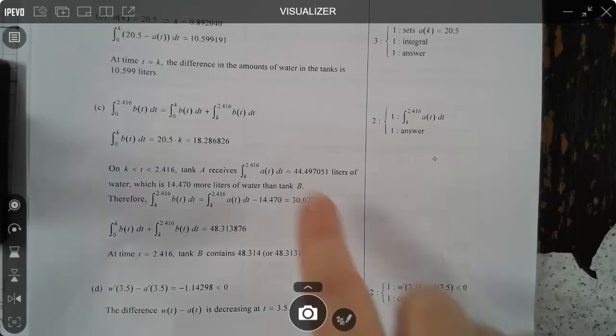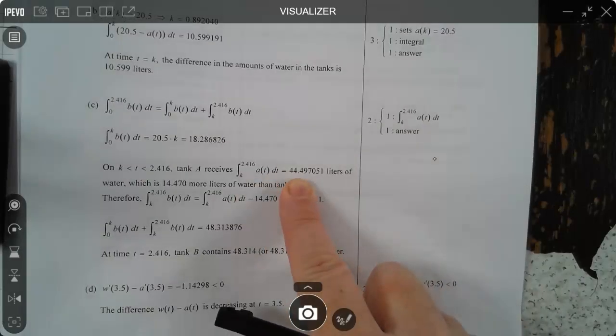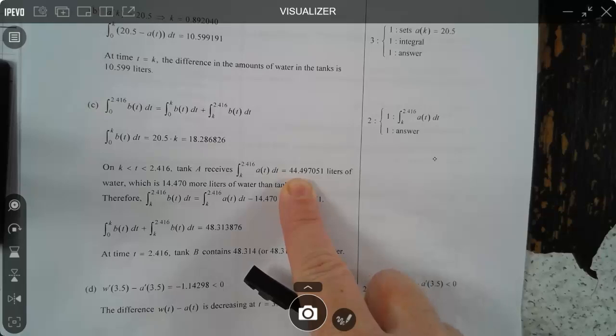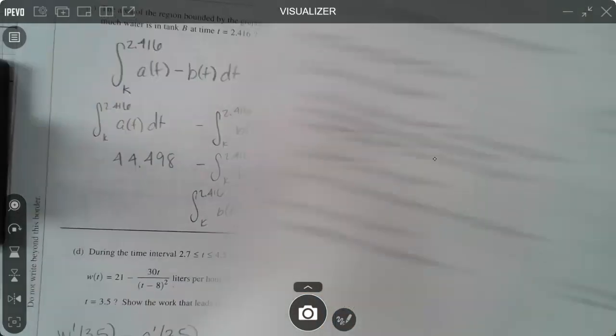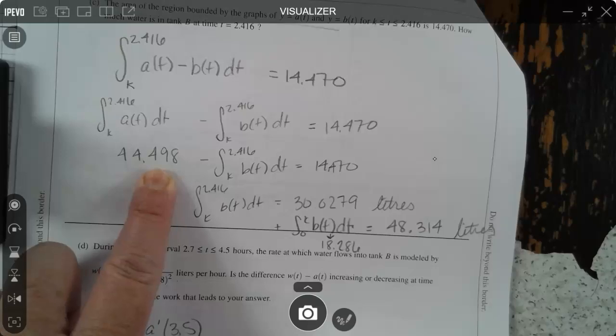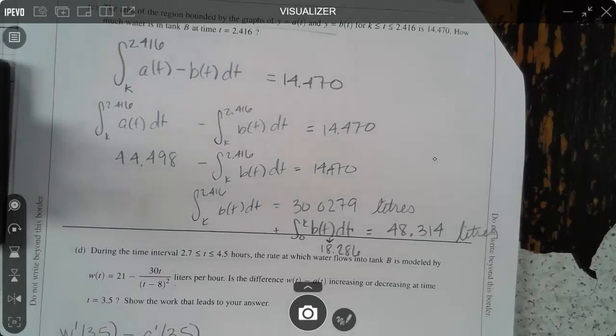So as long as somewhere on there you had defined that integral as 44.49 whatever, you got a point, which I did. I just kind of went around to do it. And then an answer. I thought the non-calculator was fairly easy, but I thought the calculator one was a little convoluted.